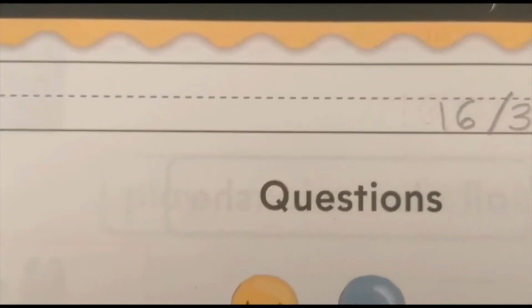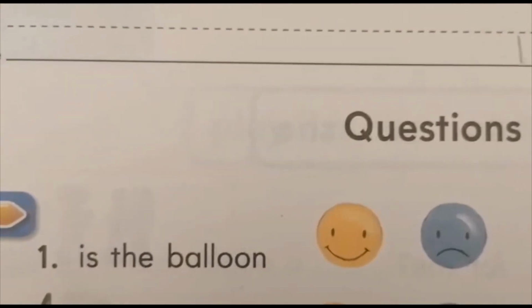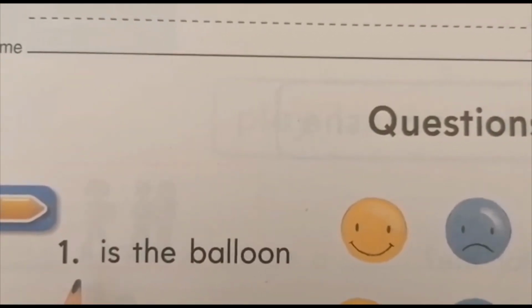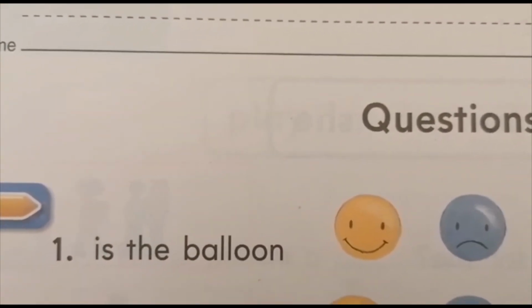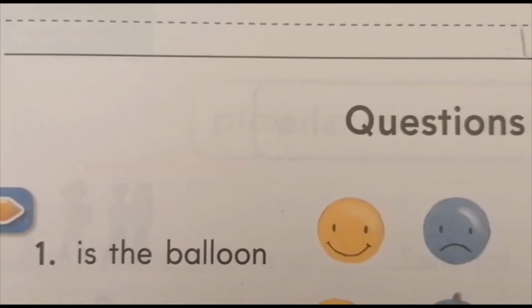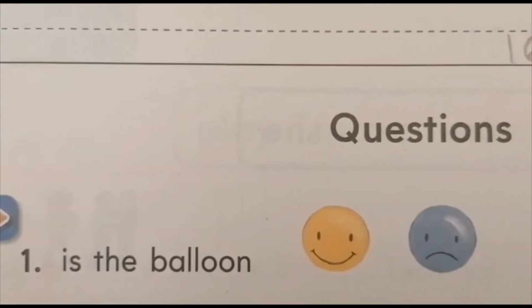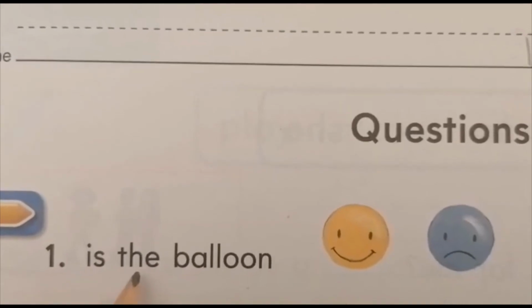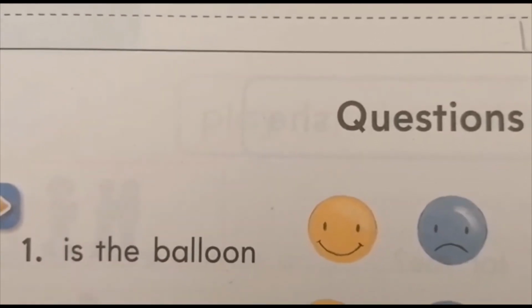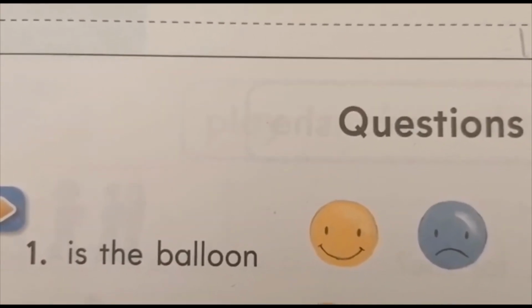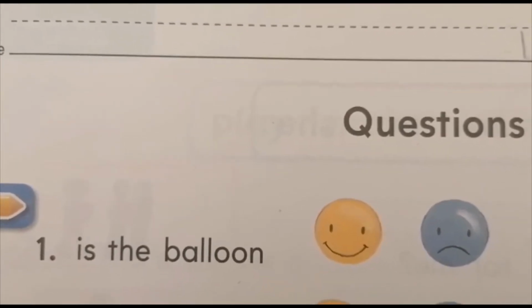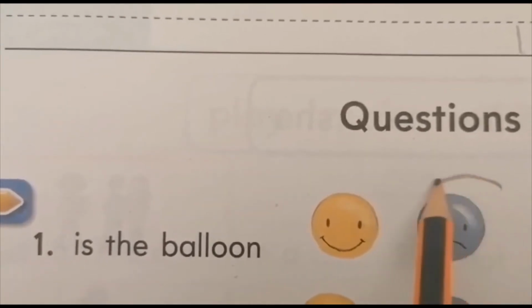Okay, now let's look at question number 1. If it is a question, we will circle the happy face. If it is not a question, we will circle the sad face. So let's read it. Is this a question? No, it is not a question. So we will circle the sad face.